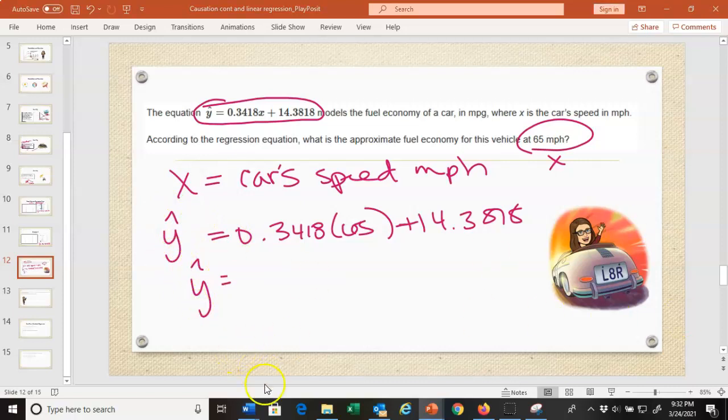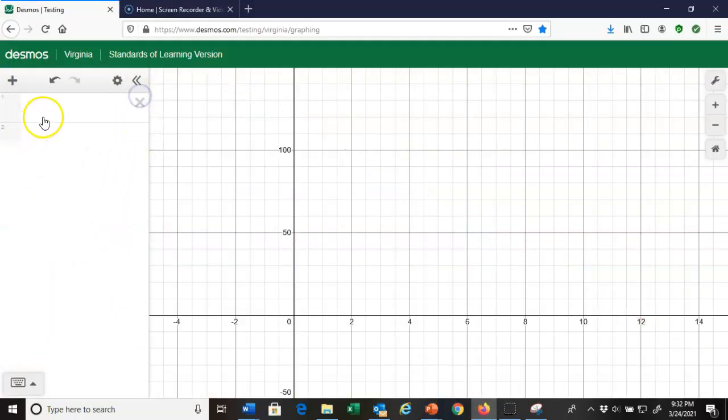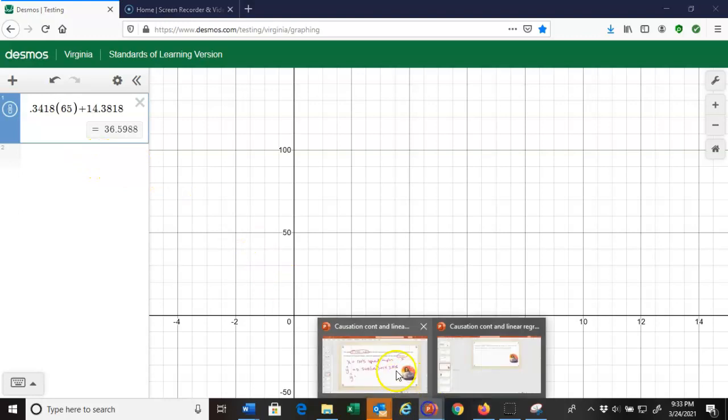Cool, so let's go ahead and go to Desmos and do that. There's two ways to do this. We can enter the equation and then find the X value on the line, or you can just plug it in. So let's see, 0.3418. There we go. 36, let's say 36.6, so it tells us otherwise.